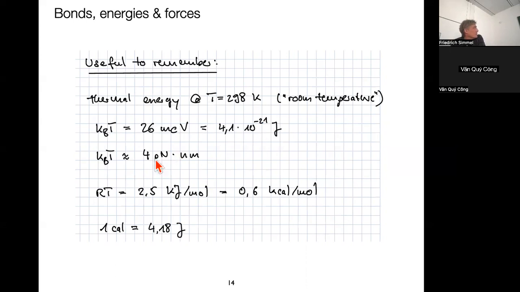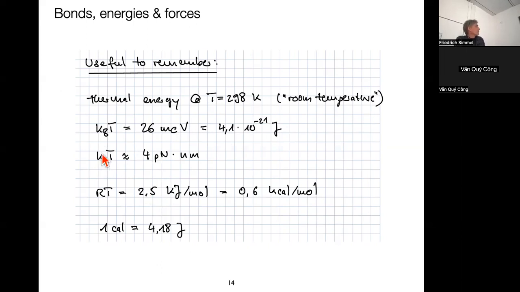In biology or biophysics, we always work with around piconewtons at length scales of nanometers. So 10 to the minus 12 times 10 to the minus 9 gives 10 to the minus 21. And so it's often convenient to remember that kT is 4 piconewtons times nanometers.